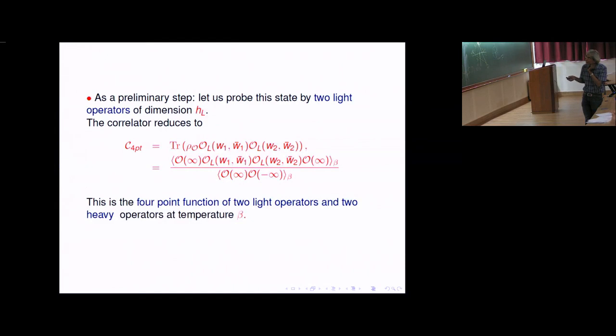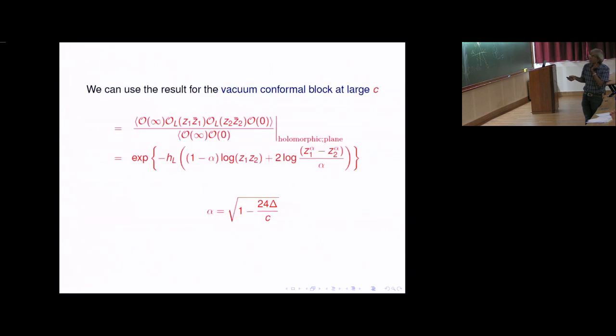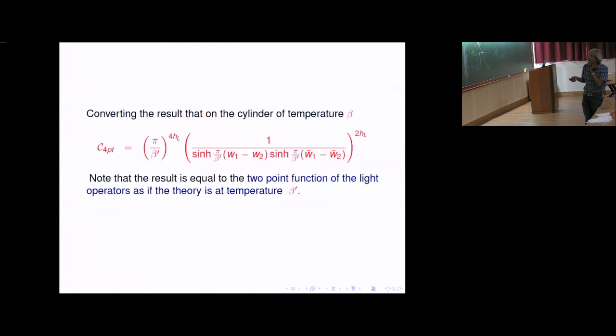And here it is. But it basically reduces to a 4-point function because of the presence of these heavy guys at beta. And if you evaluate this using the large C conformal block, you can evaluate that correlator because these are light. You get this answer that effectively the temperature is beta prime, the new temperature.